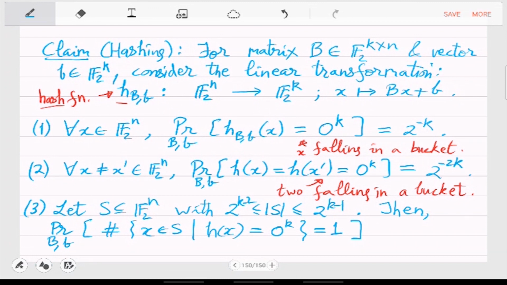So, the number of those x's that go to the 0 bucket, that's only 1, it is unique. Okay, the probability of this, we will show it is pretty good. We will show that this is greater than 1 by 8.